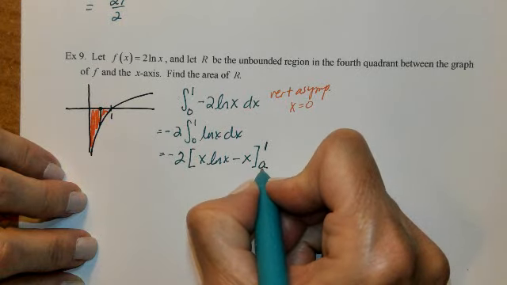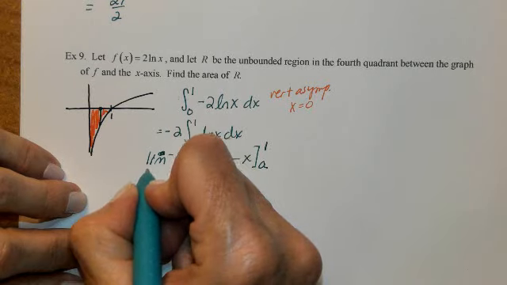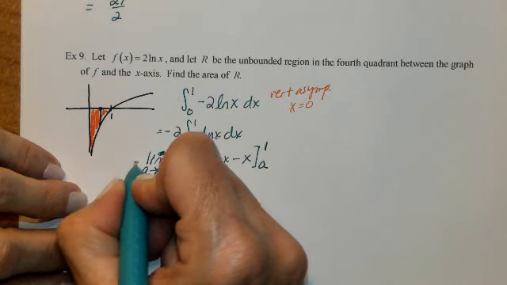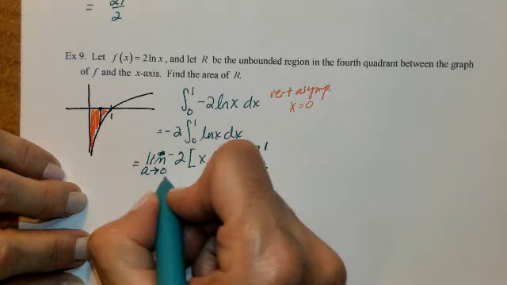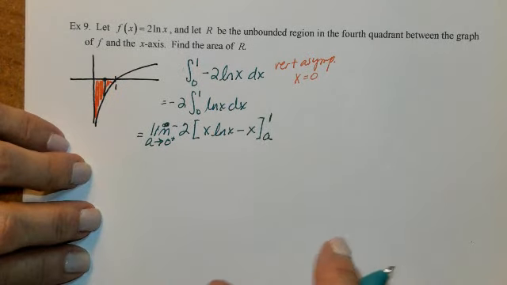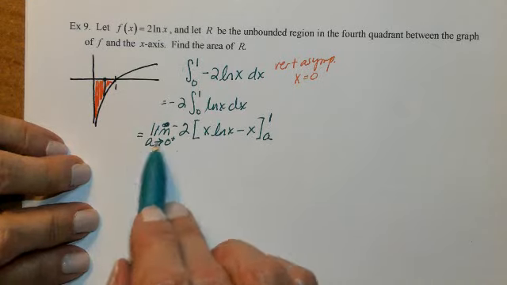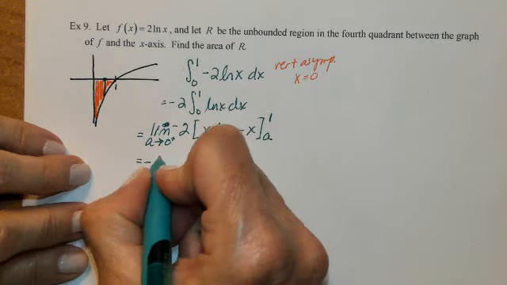So I'm going to put an a there, and I didn't leave myself enough room, so I'm going to come over here. A is going to 0, specifically from the right-hand side. Okay? All right. Next up, I am going to move that negative 2 out. I wanted to move that out to just clean it up.